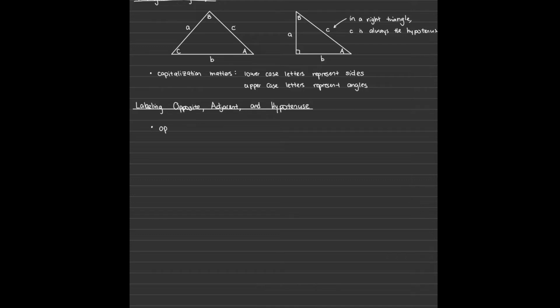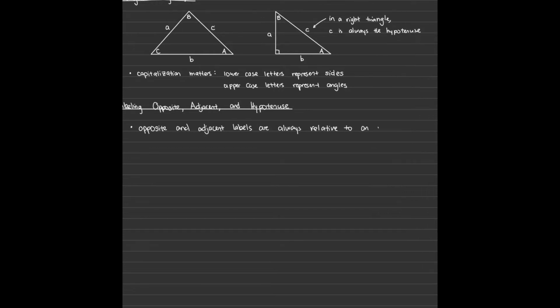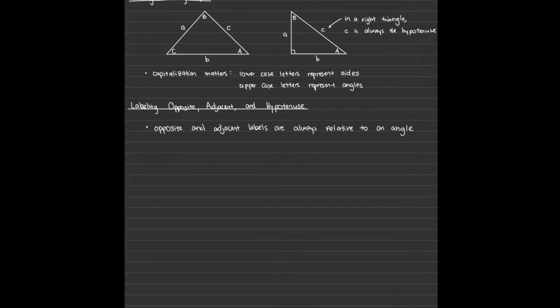So it's important to note that the opposite and adjacent labels are always relative to an angle. So what that means is if we're looking at a different angle, still within the same triangle, your opposite and adjacent labels might change. And let's see an example of this.